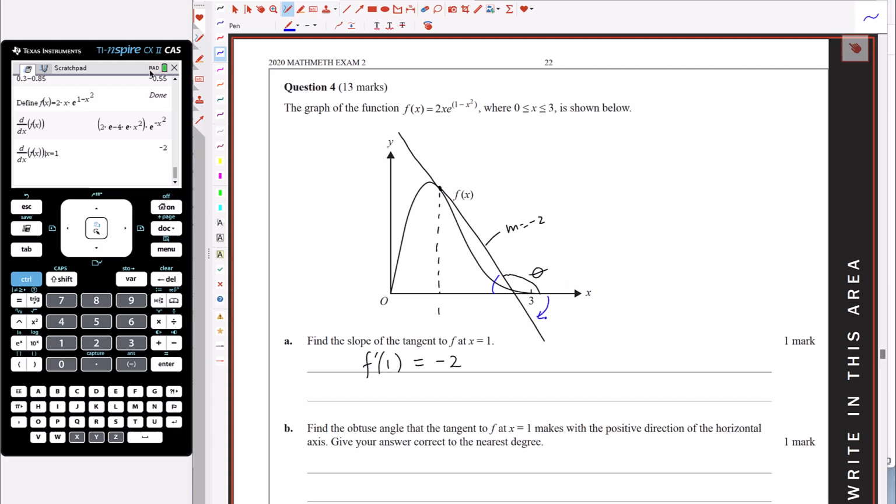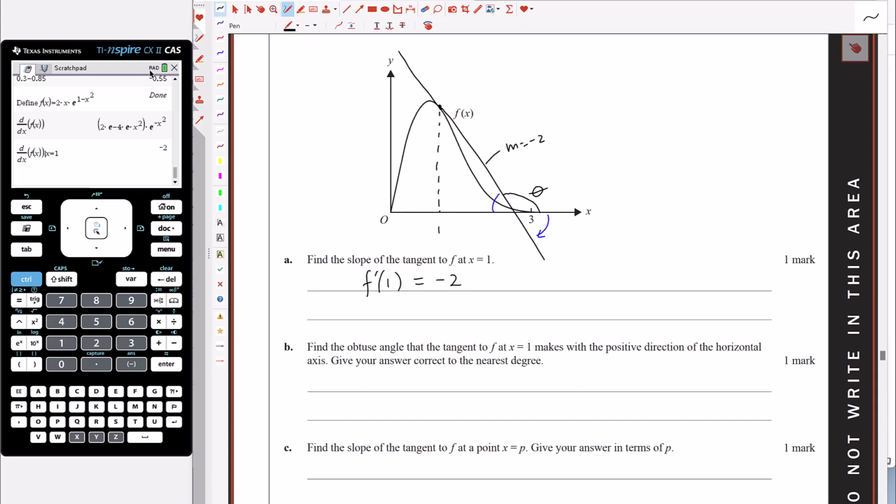So you just need to be a bit careful about how you phrase it. I might not call it theta, I might just say tan of some other unknown angle is going to be negative 2. That's a property of gradient: tan of the acute angle that it makes with the x-axis is equal to the gradient. You'll get a negative angle here, so you have to be careful about how to interpret that.